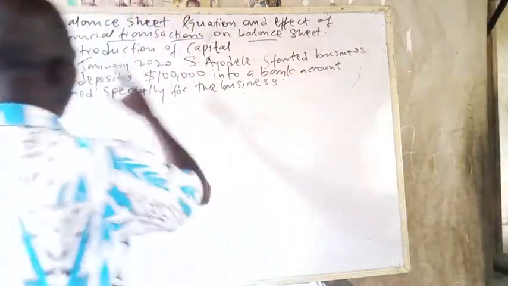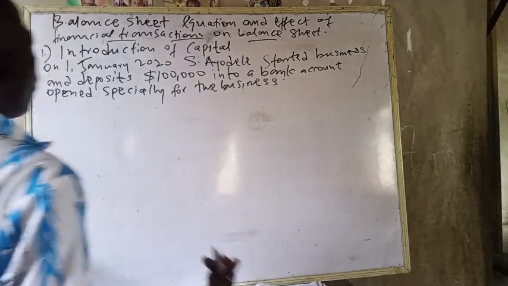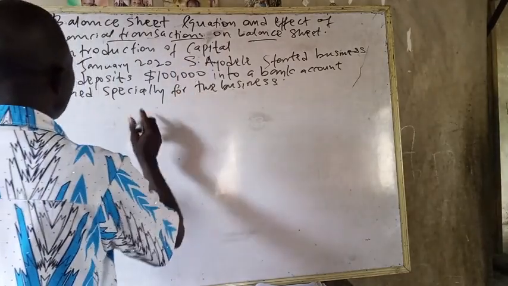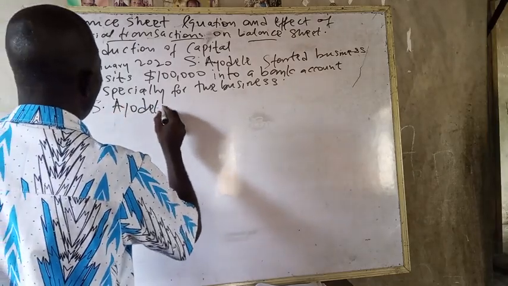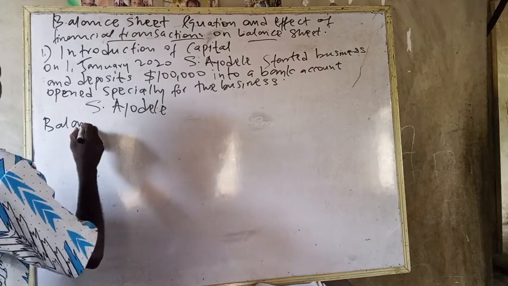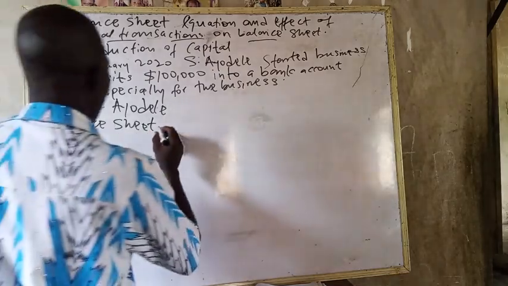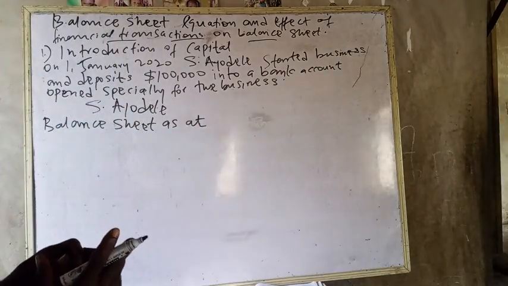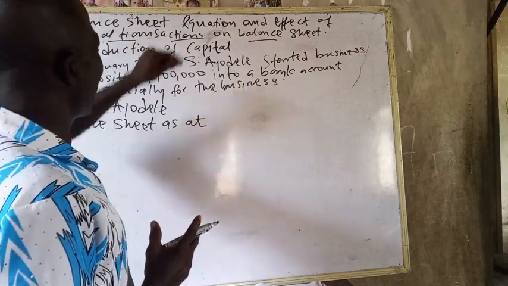If you must prepare a balance sheet, number one is to write the name, S. Ayodele. Then you put balance sheet as at. This is not at the end of the financial accounting period, but we are talking about a financial transaction here.